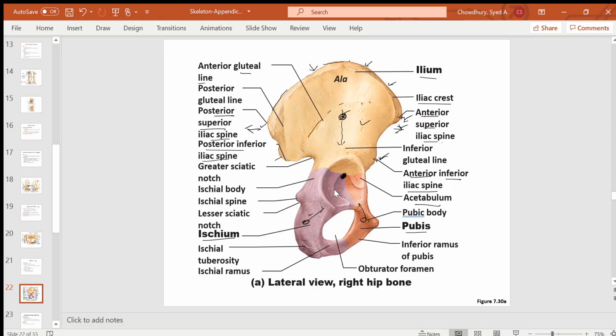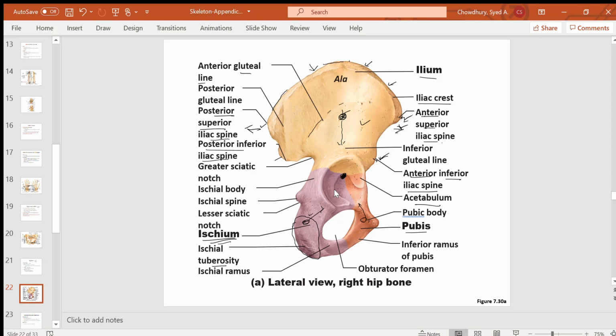Then if you see the ischium, the lower back part, the ischium has a couple of structures. This rough structure that occupies almost half of the ischium is called the ischial tuberosity.